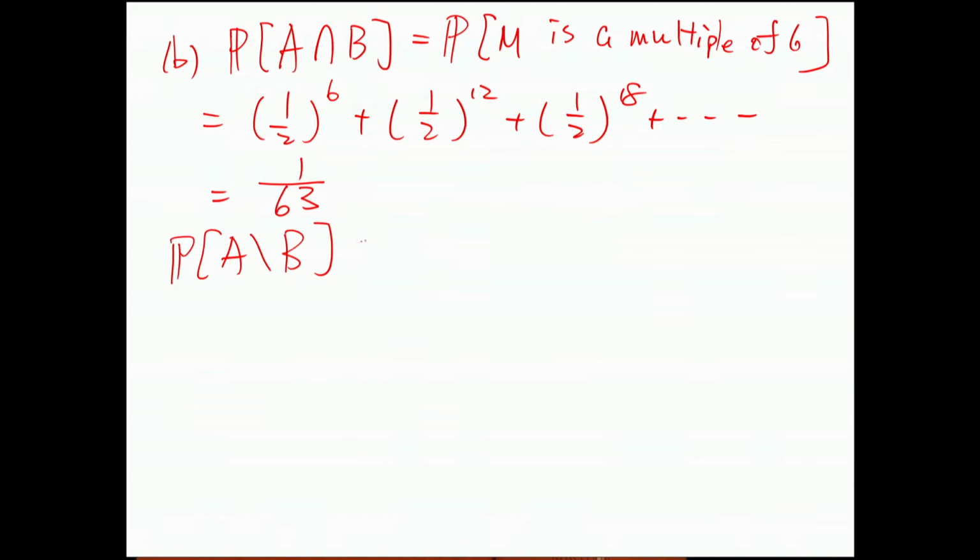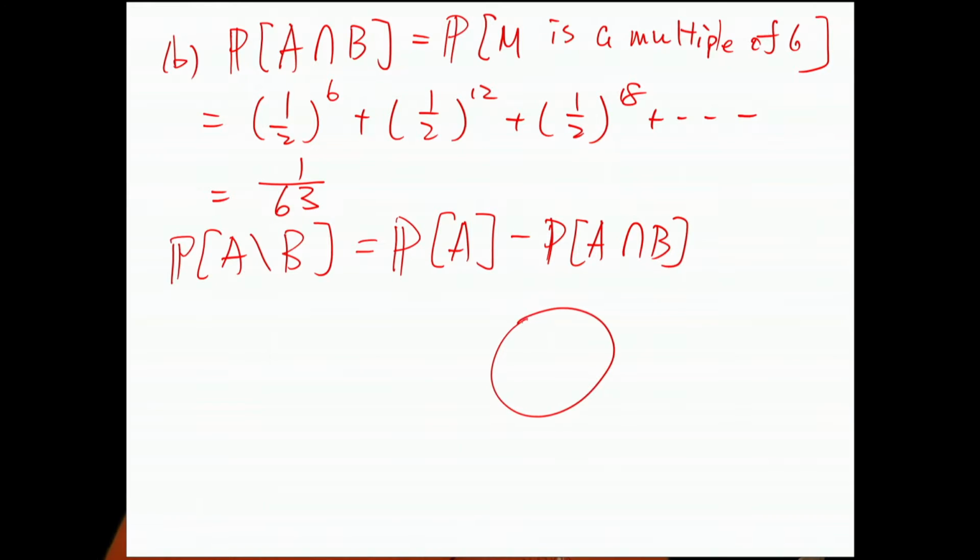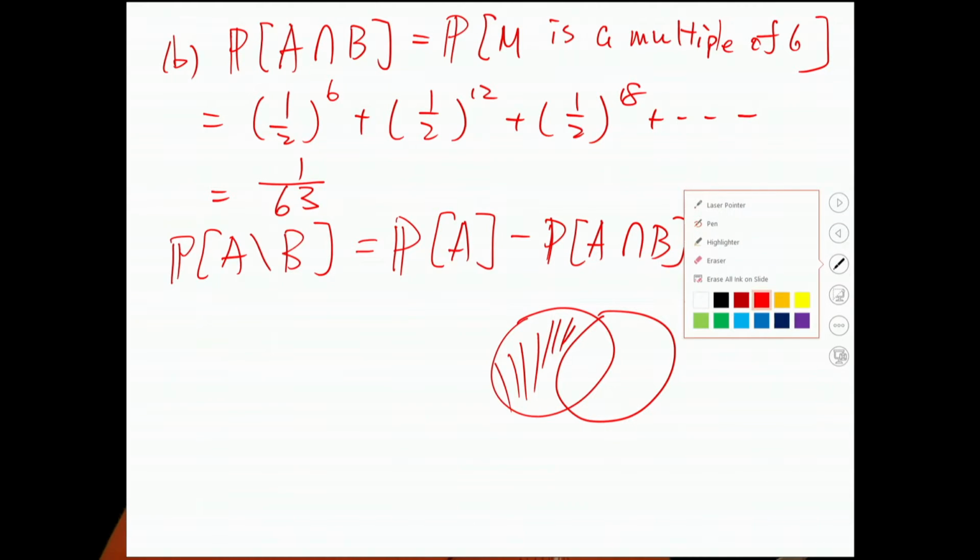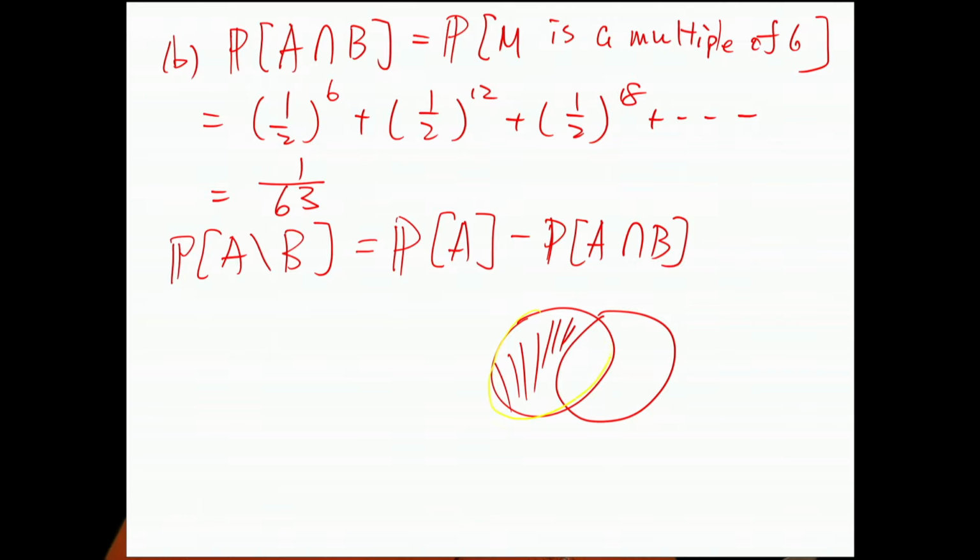From the definition, we also know that this is the probability of A minus the probability of A intersection B. A subtract B is this area, so it is the probability of A minus this area, which is easier to compute.